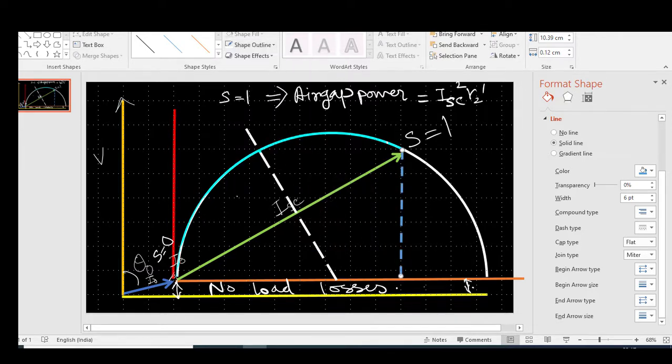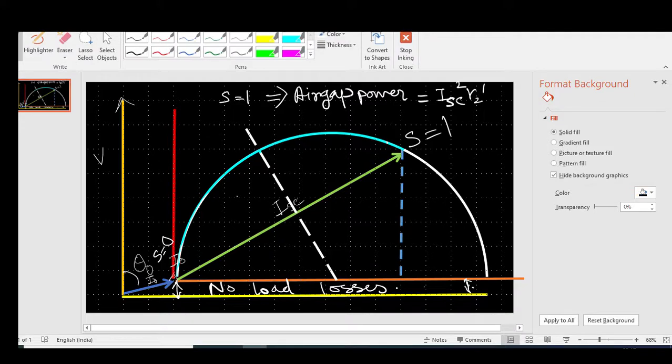Now let us divide this line in the ratio of R2 by R1. If we divide this line in this ratio, it may cut somewhere here.